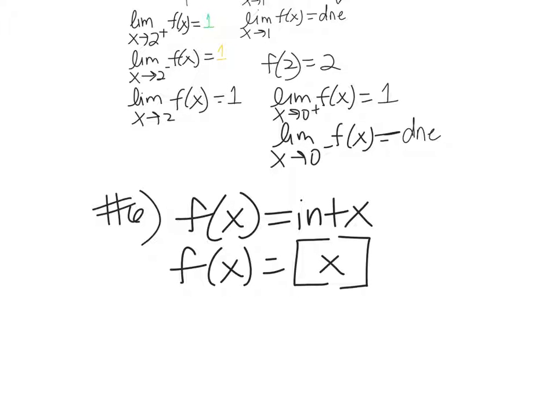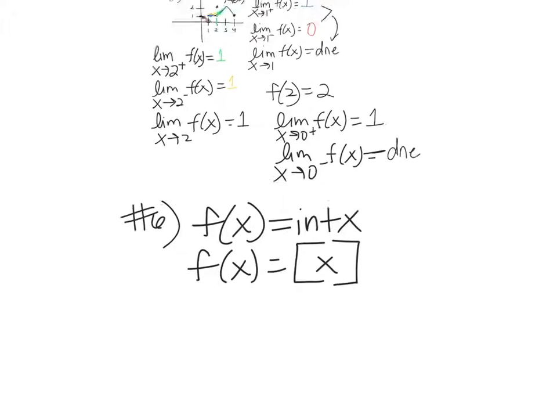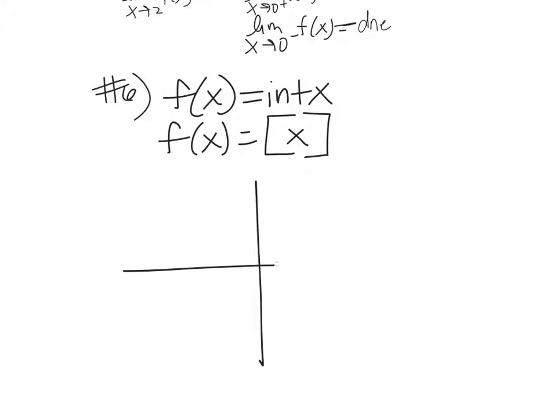Do you remember this one? Kind of weird. The greatest integer function has a closed circle at 0, 0, and it goes to 1, and at 1, it jumps up to 1. So the greatest integer function is all these steps.